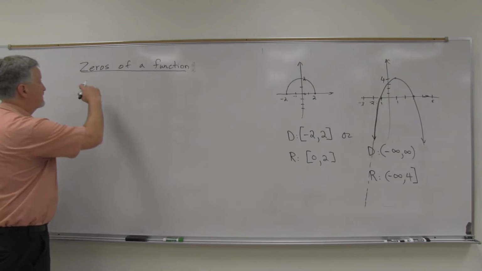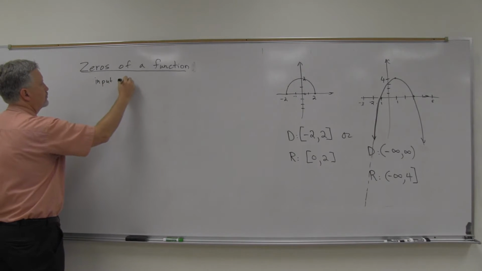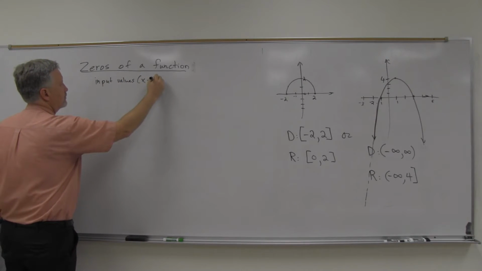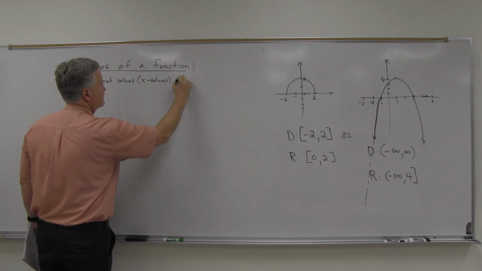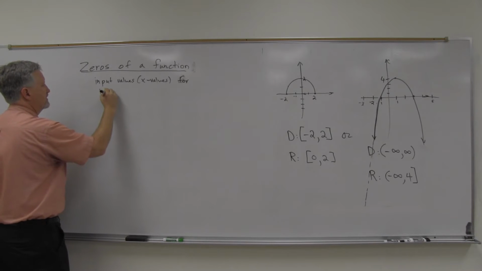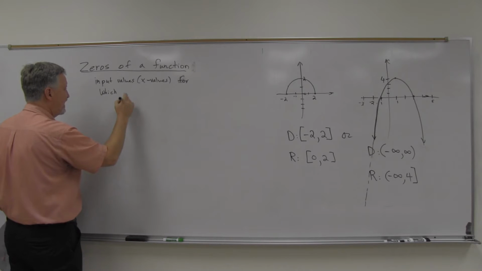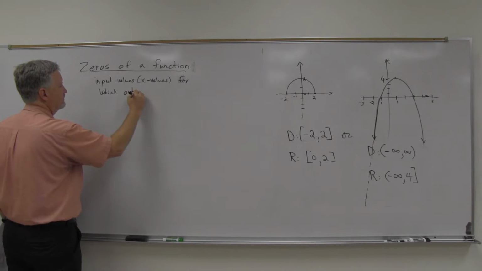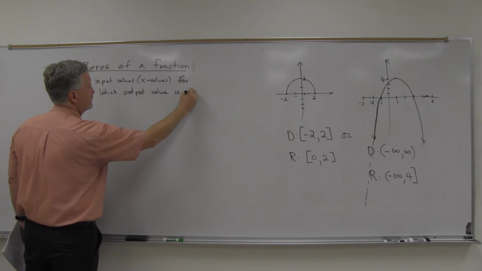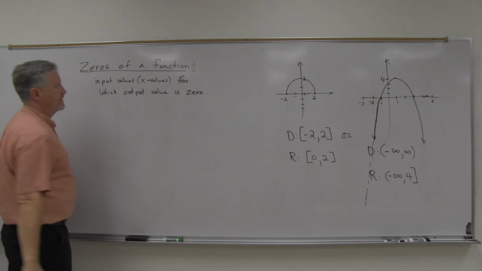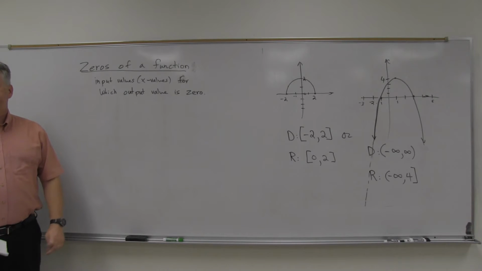So the zeros of a function are going to be the input values, or the x values, for which the output values, the y values, the function values, are 0.